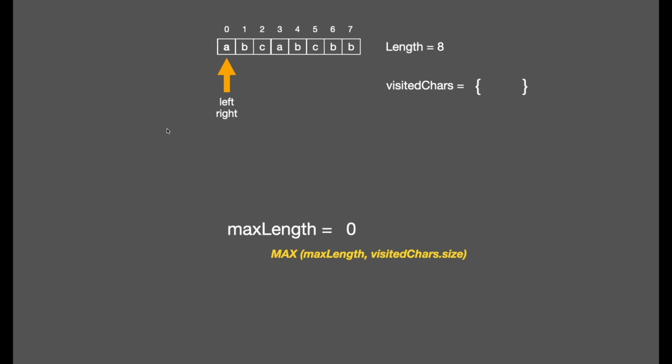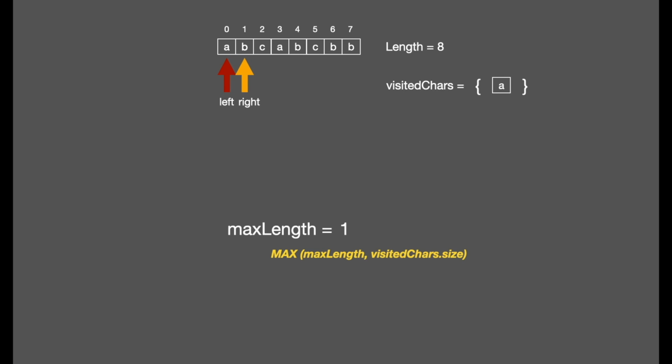So let's get started. First we will start with the right pointer, and we check in the visited characters, which is not there, so we add the new character to the visited characters. The max length is 0 and the visited character size is 1. The max of these two is 1 and we assign that to the current max length.